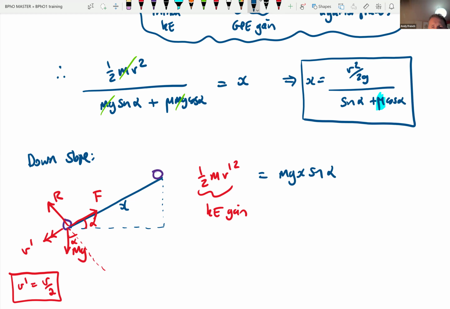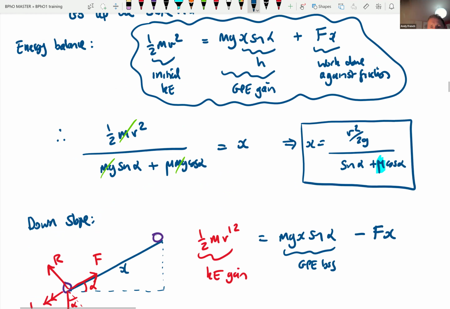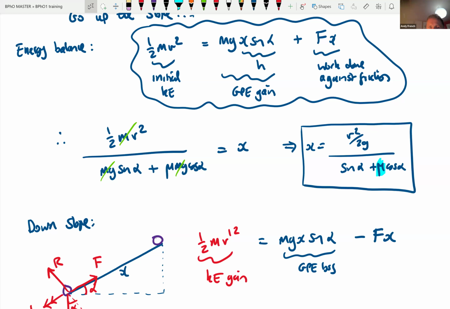That's the GPE loss, exactly what we had before. And now we've got the work done against friction. So basically the kinetic energy gain is the GPE we lose minus the work done, F x. If you look at what we had before, it looks kind of similar, but the sign of the work done is different.